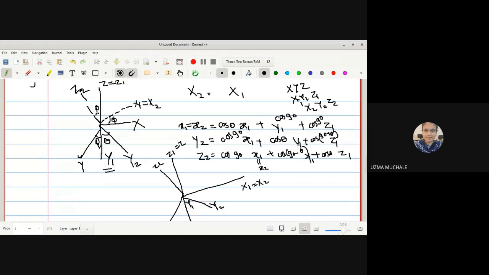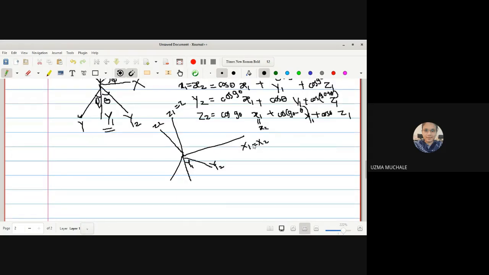Try to do the calculations on your own so that you can understand it easily. Now the angle is theta, this is phi and this is theta. Now you can find the angle between z2 and y2 is 90 degrees. So 90 minus theta we have to write.